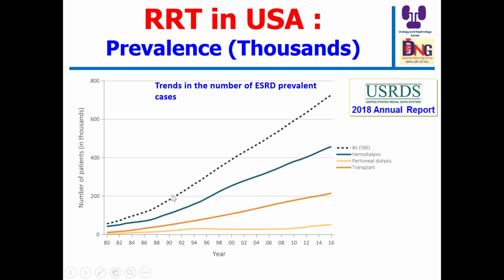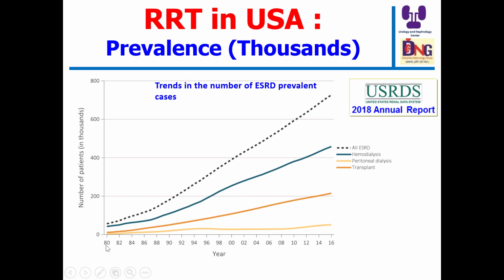Again, this is the trend of end-stage kidney disease prevalent cases as shown by the modality of management of renal replacement therapy. As you see, the trend of prevalence of hemodialysis is increasing every year.